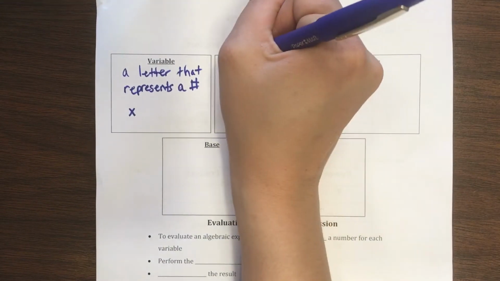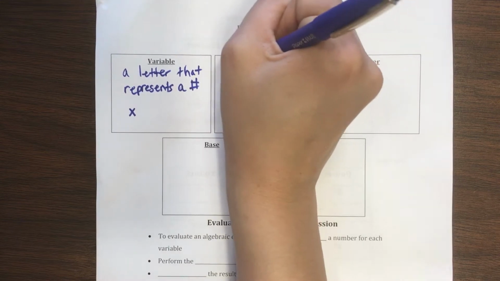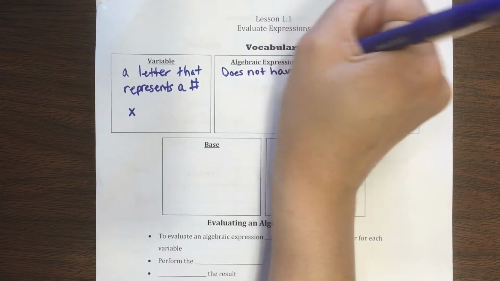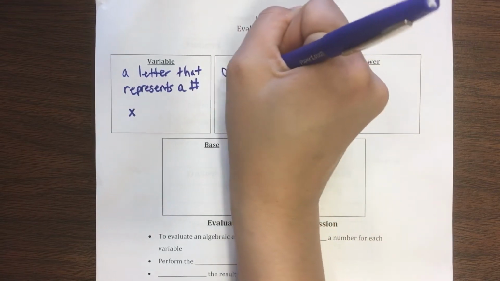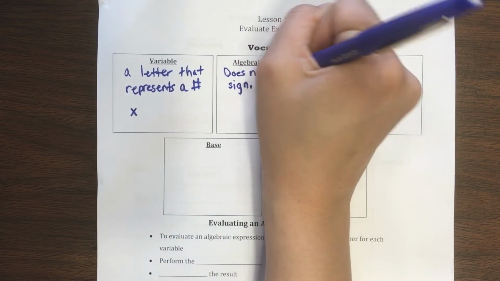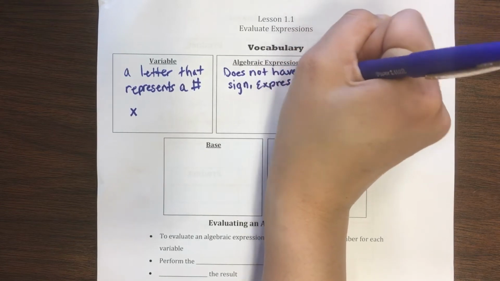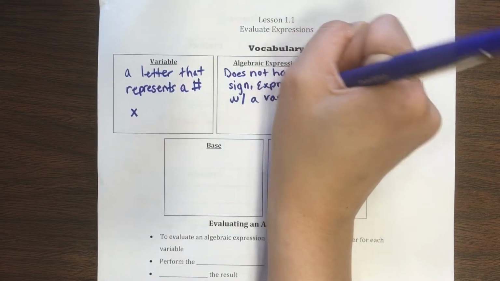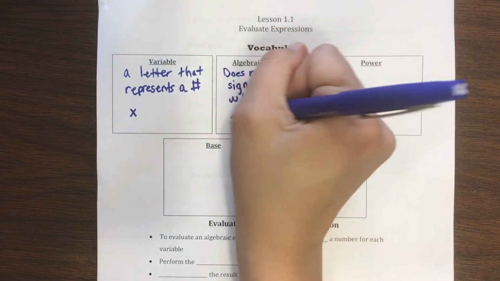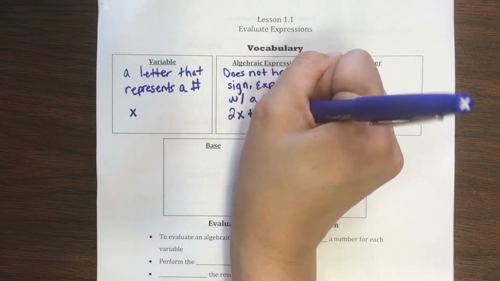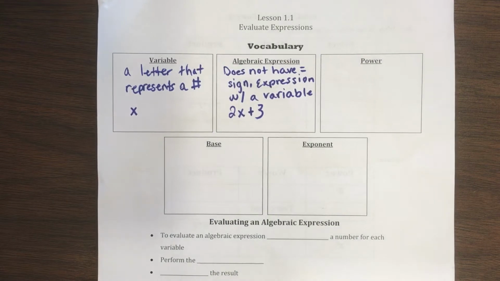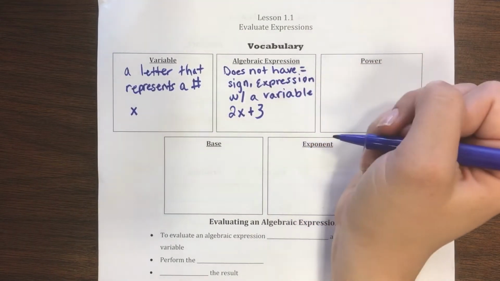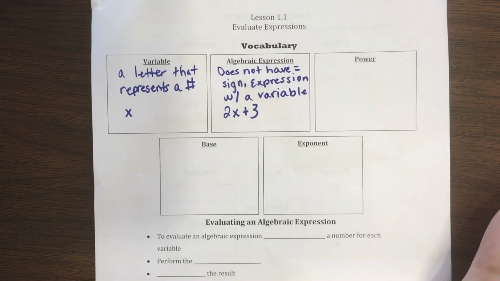An algebraic expression does not have an equal sign, but it is an expression with a variable. So for example, 2x plus 3 would be an expression. 2x plus 3 equals 5 would not be an expression, that would be an equation.